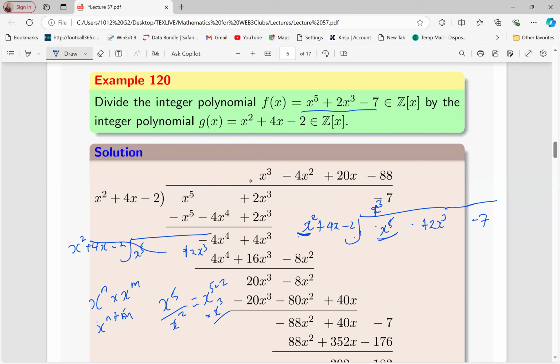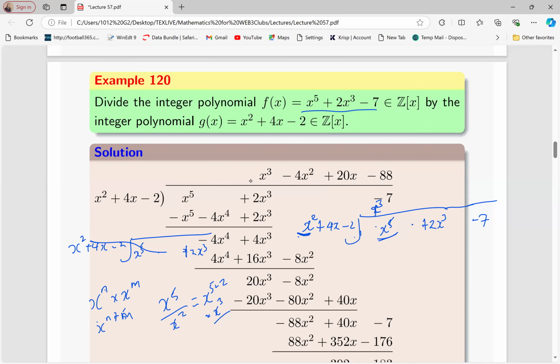So I'm now multiplying x raised to 3 times the entire polynomial. x raised to 3 times x raised to 2, you add the powers and you get x raised to 5. Then x raised to 3 times 4x, you get 4x raised to 4. And then x raised to 3 times minus 2, you get minus 2x raised to 3.